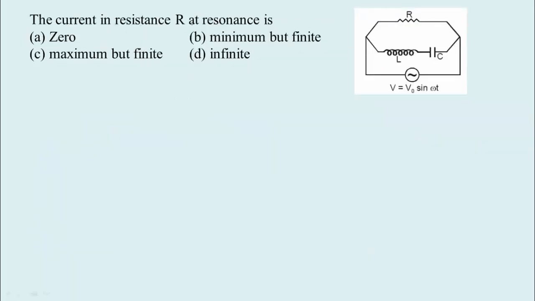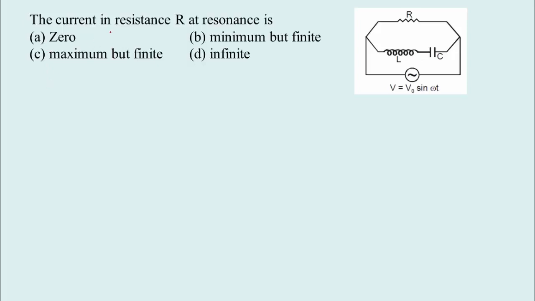The current in the resistor R at resonance. We know that at resonance, or at resonant frequency, current is maximum because inductive reactance and capacitive reactance are equal. So you can observe the circuit diagram. Here the AC source is connected to R, L and C, that is resistor, inductor and capacitor.